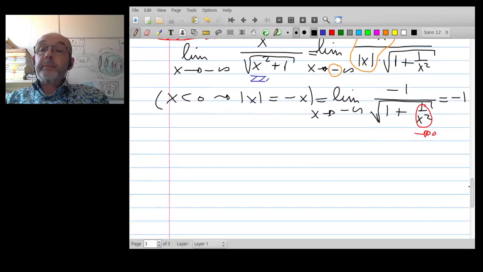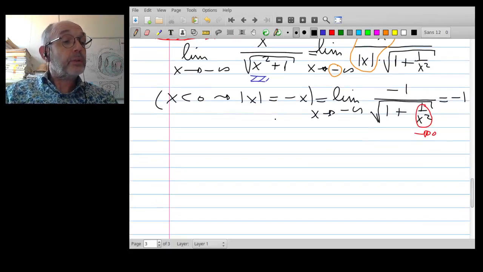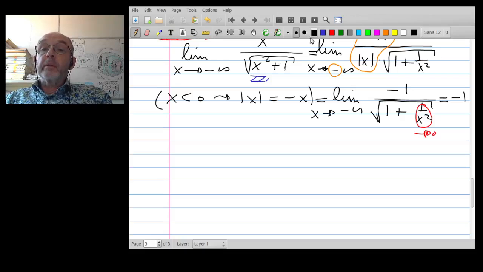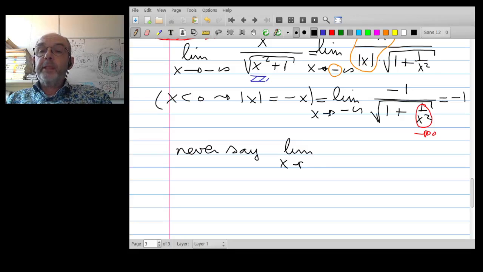Now we have calculated limits. Never say that the limit as x goes to a of f(x) is infinity or something like that.